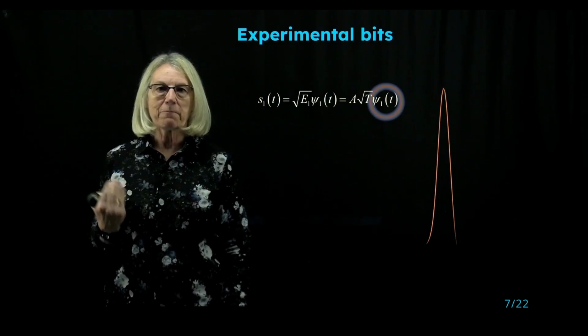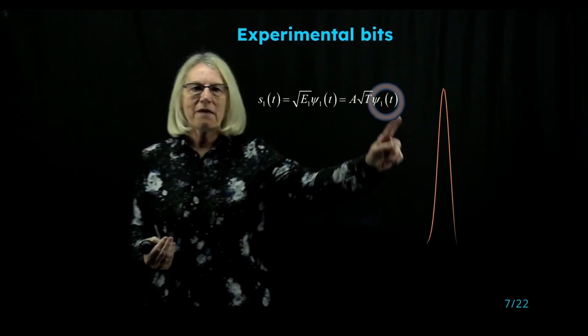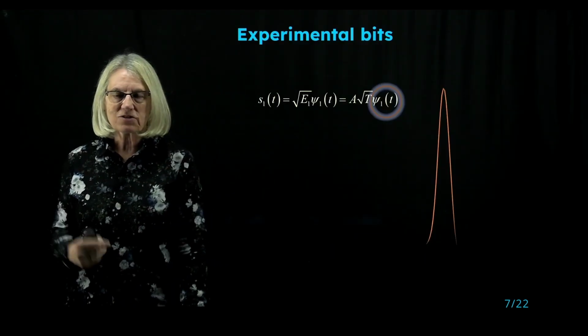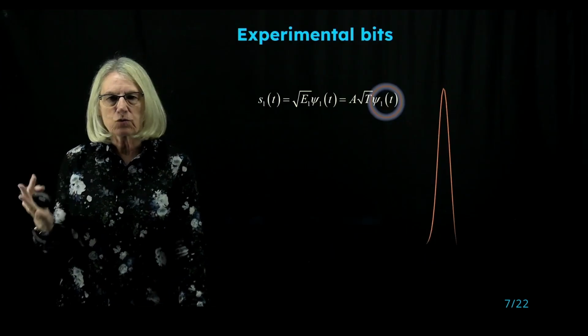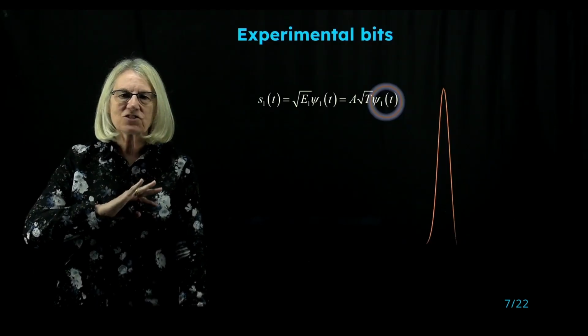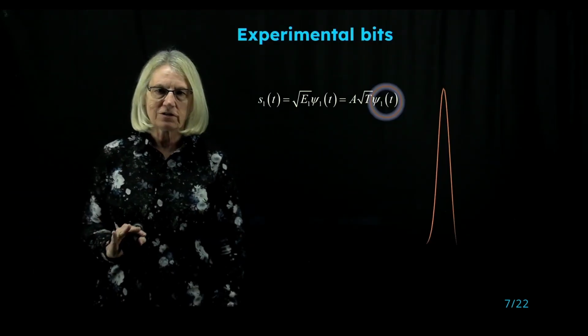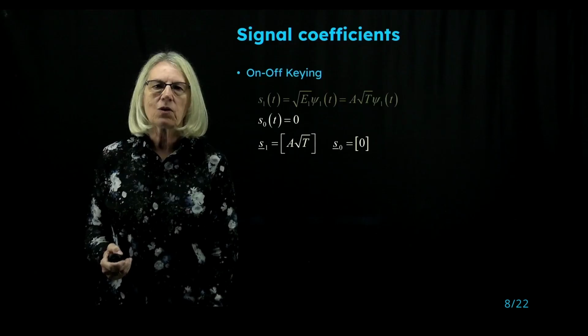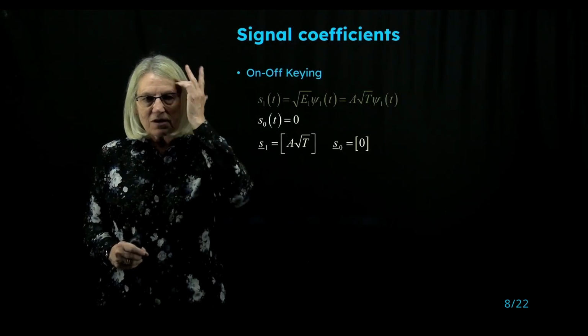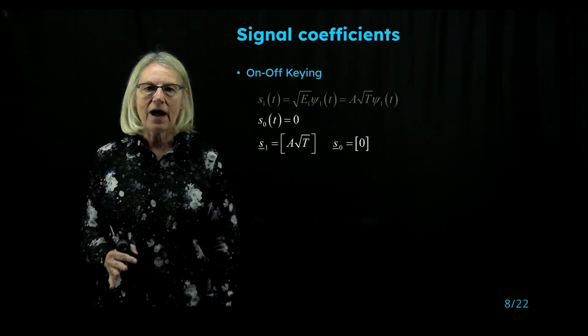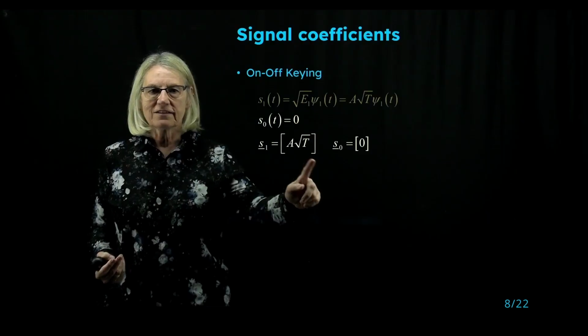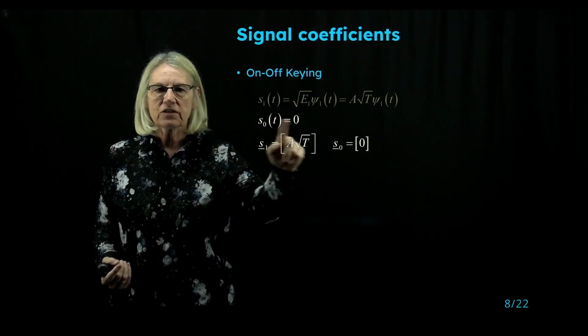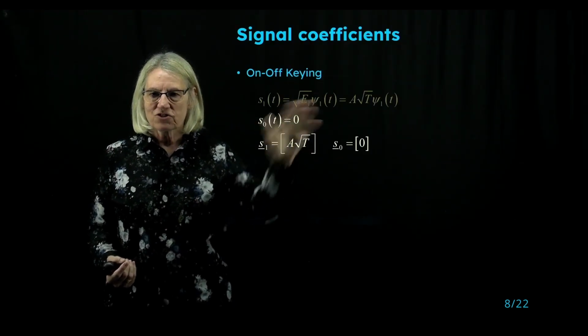Whatever the shape of my pulse is, I'm going to make that my basis vector. I put that equation just because it's easy to write, but it doesn't change the generality of our approach. No matter what the shape of our pulse is, we can do this. So according to this, my amplitude and my coefficient is, certainly when I send a 0, there's nothing.